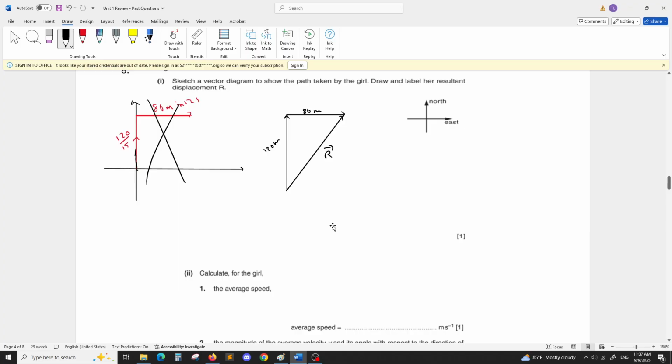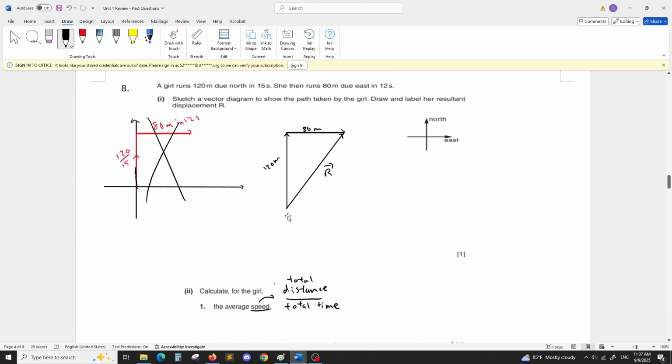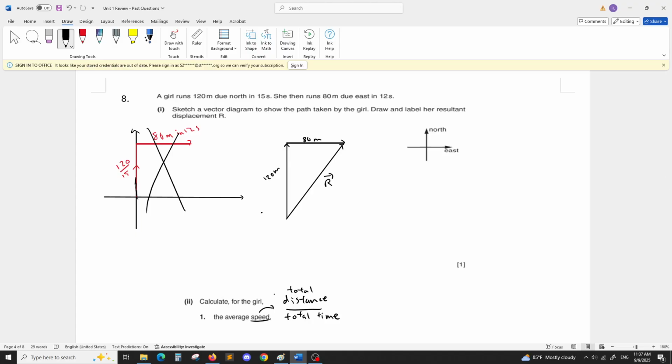So calculate for the girl the average speed. So average speed is distance over, actually total distance over total time. They actually gave us both of this information.